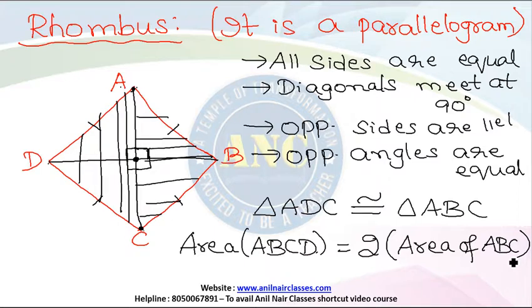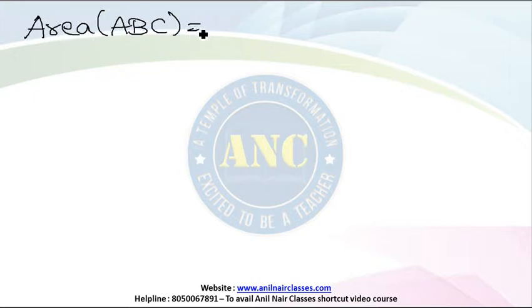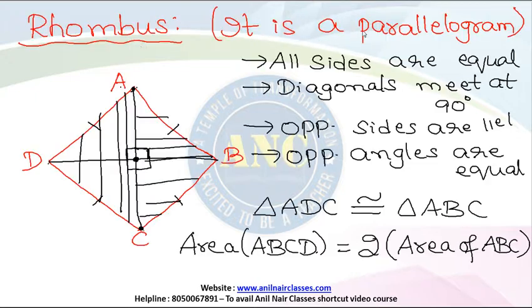Sir, what is the area of triangle ABC? The area of a triangle, we already know it, sir. Area of triangle ABC is half into base into height. If I take this triangle ABC here, the base for triangle ABC is nothing but this side.